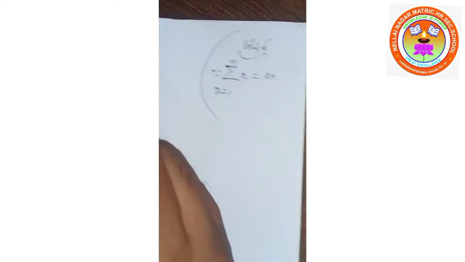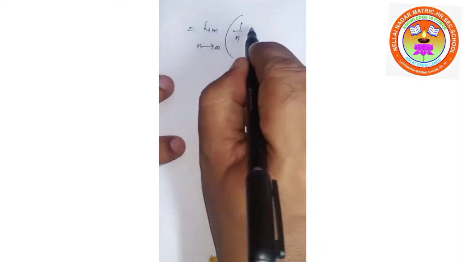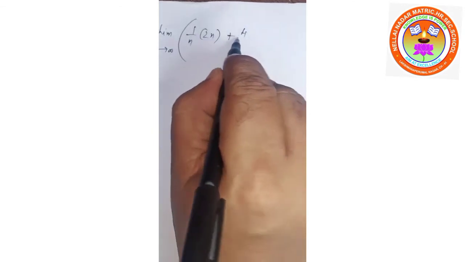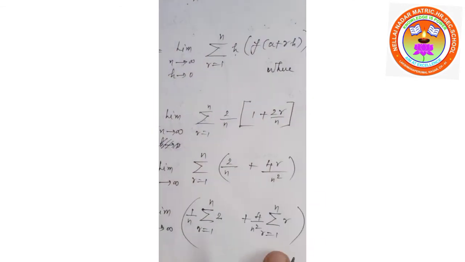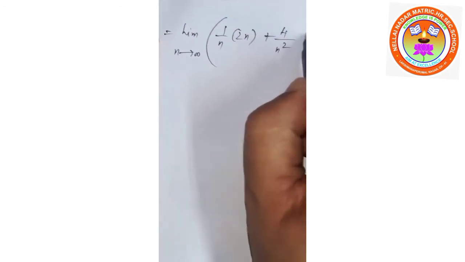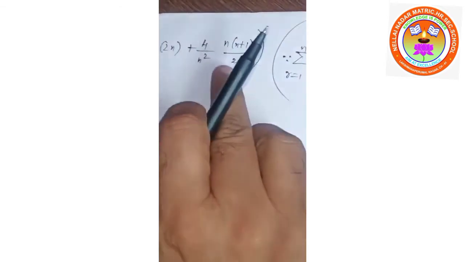So here a is equal to 2, therefore we can write 2n, plus 4 by n square as it is, times sigma r equals 1 to n of r, and you know the formula, directly we can write n into n plus 1 by 2. This result is already given.